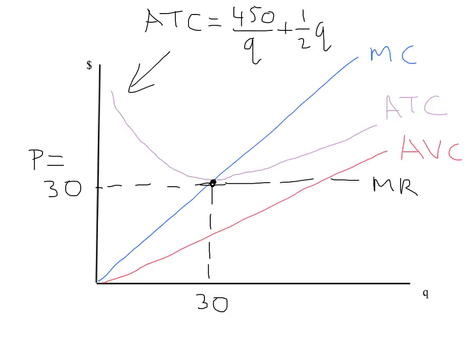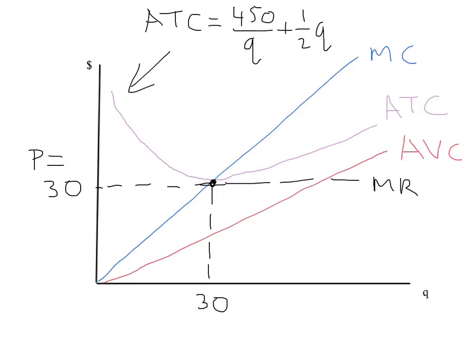Because firms are going to continue to come into an industry whenever they can make a profit, whenever price is above average total cost. Firms will want to leave the industry in the long run, and perhaps in the short run, if price is less than average total cost.